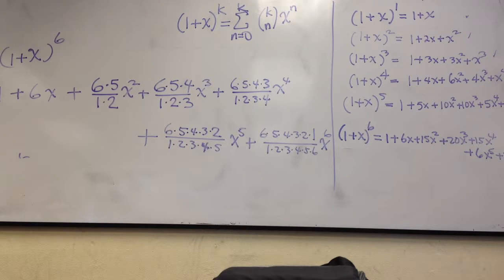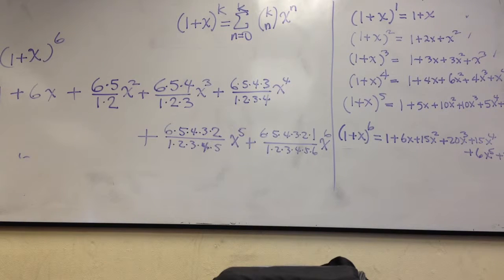That formula is this: 1 plus kx, just like those 6x, plus the next one, k times (k minus 1) over 1 times 2, x squared.